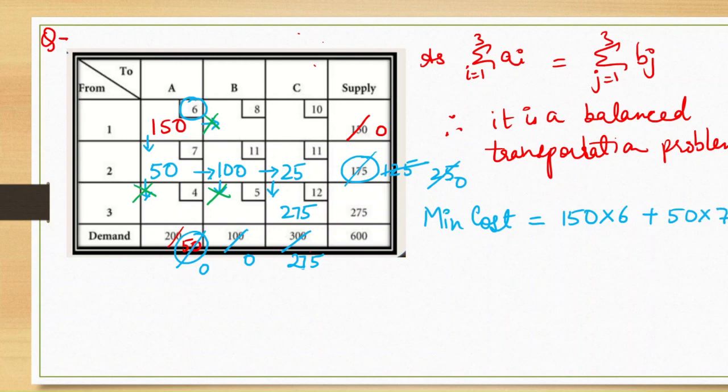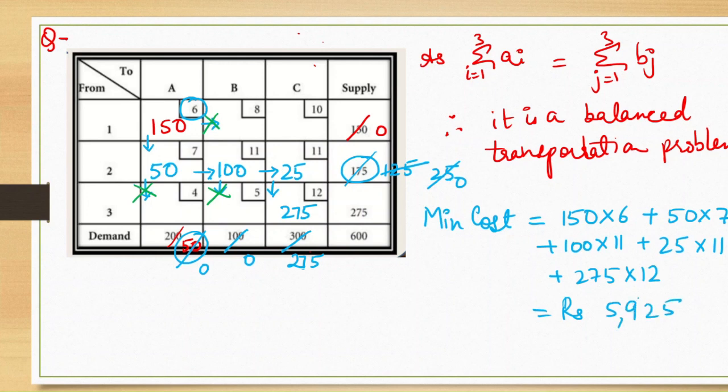The process remains the same: you have to multiply the number of units with the cost and just add them all. Plus 275 into 12. When we add them up, I'll be getting the answer as 5,925. So 5,925 is the minimum cost of this transportation problem.